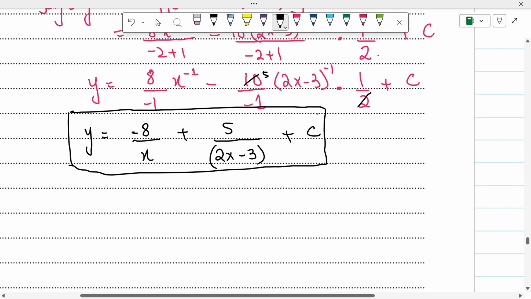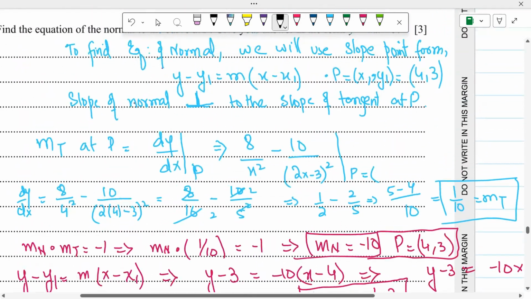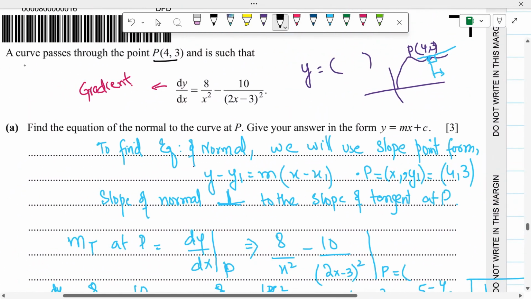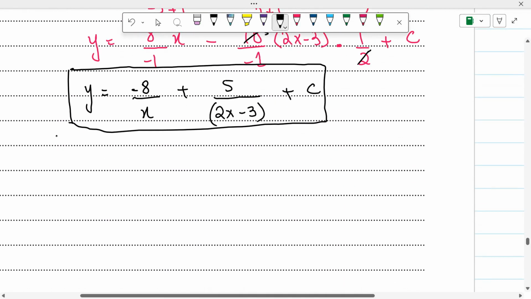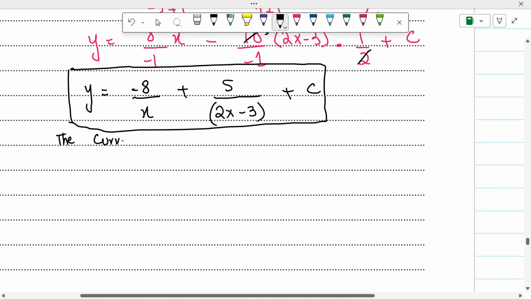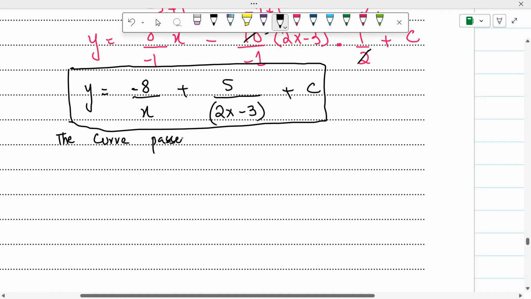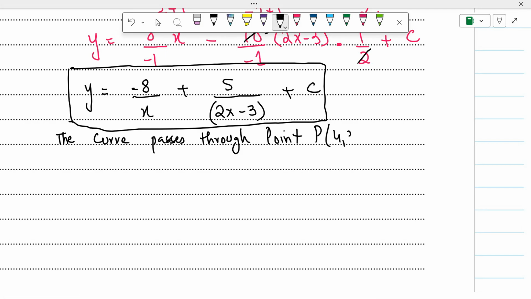We can find the value of c as we know that this point P is passing through the curve, so P will satisfy the equation. So we can say that the curve passes through point P, which is (4, 3).